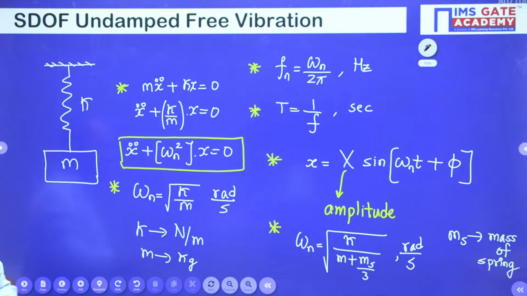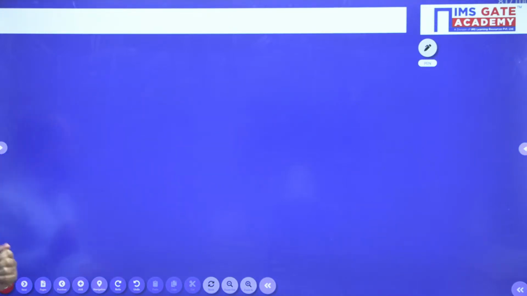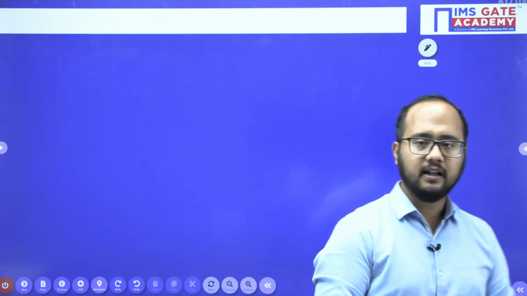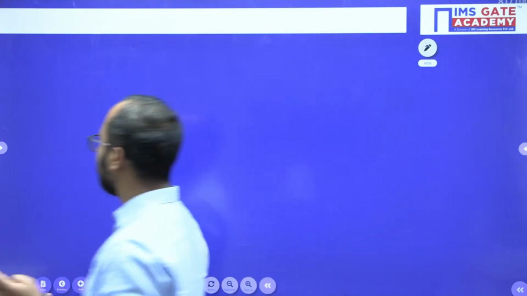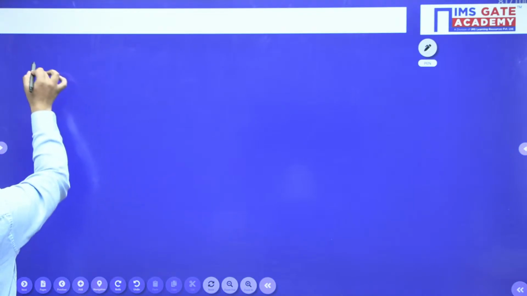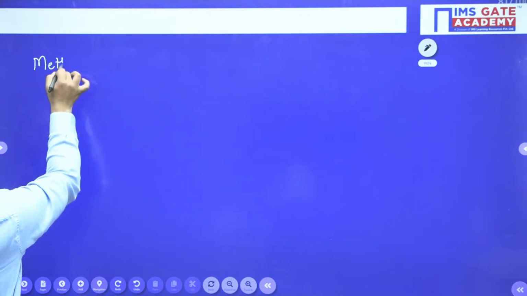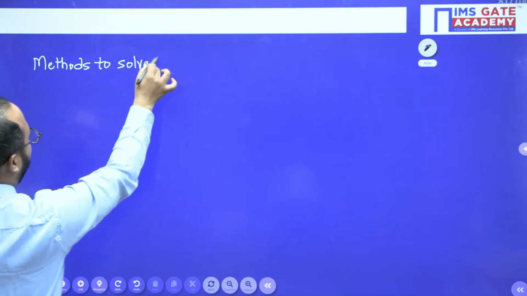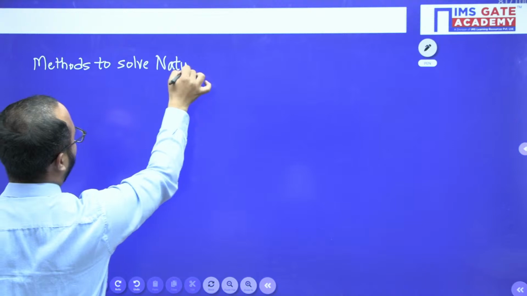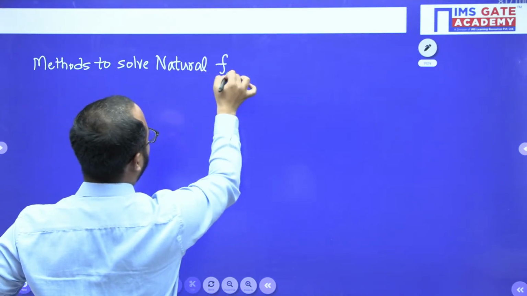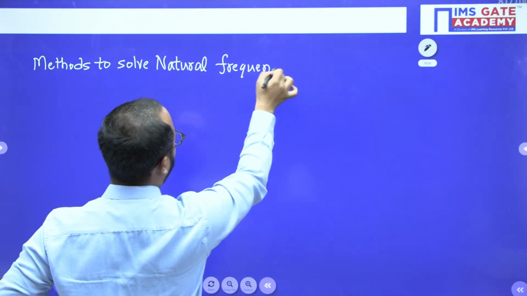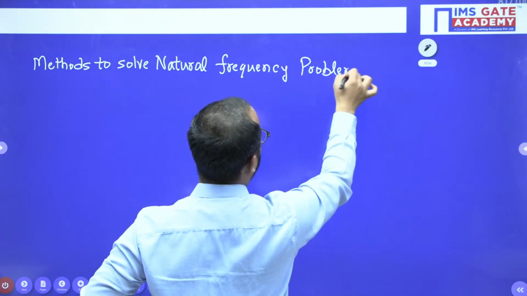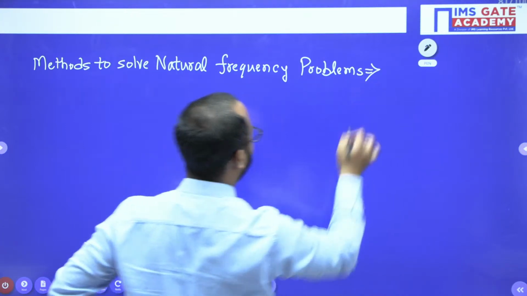So, mass of spring. Next thing, how to solve numericals in which they ask for a natural frequency? Two methods are there. Methods to solve natural frequency problems.